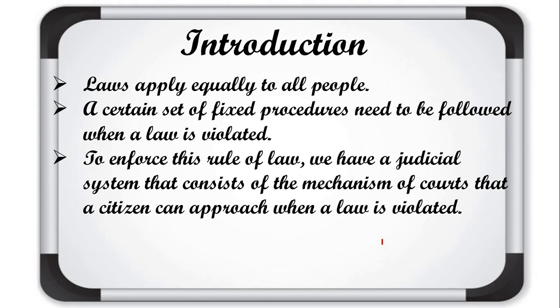And to enforce this rule of law, we have a judicial system. So how can we get the justice? Through a court system, judicial system. So we have a mechanism of court system, and a citizen can approach, means can go to the court for justice if his or her rights are violated.